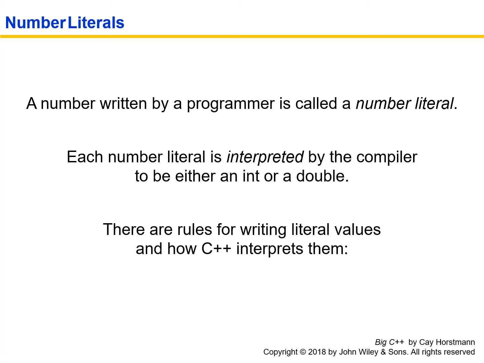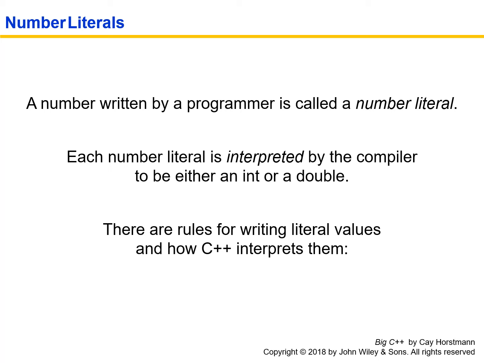Okay, now when you write a number to assign it to a variable, writing the number out in code is called a number literal. Sometimes it's called hard coding the number. Each number literal has to be interpreted by the compiler as either an int or a double. Why not a float, you say? Why not a long?